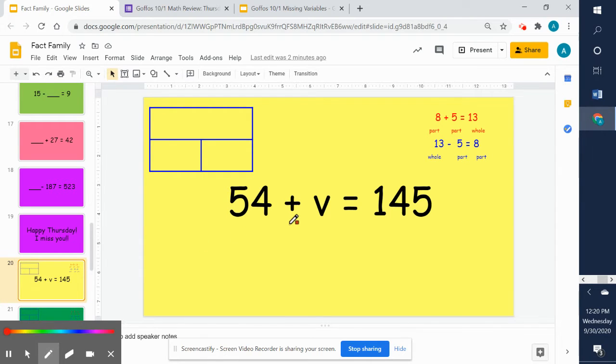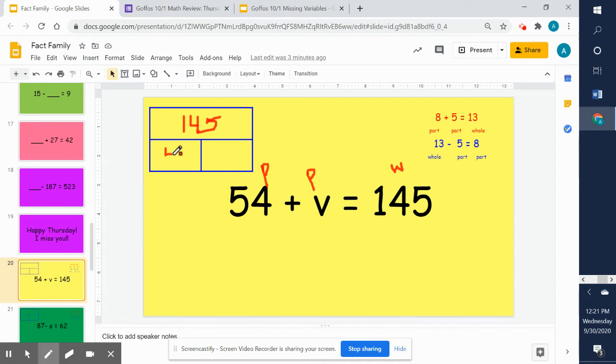So here with 54 plus V equals 145, we can label our problem first. We have part plus part equals whole. So we know our whole goes up top in this first box, 145. That is our biggest number, what we're trying to get to.